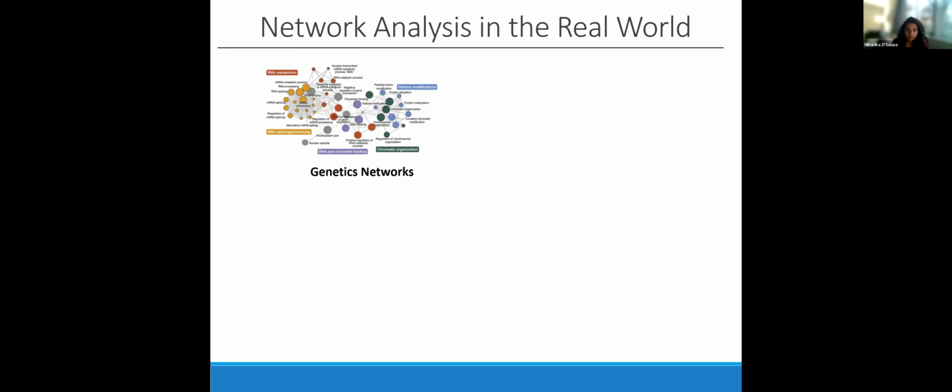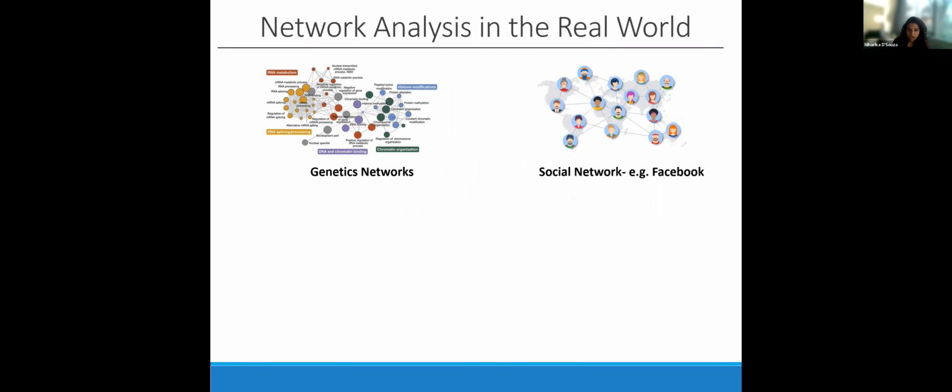So we live in a world that's naturally organized into intrinsic network structures. For example, at the biological scale of organization, we have the human genome. Here, various encoding proteins may interact with each other in complex ways, and these define characteristic human traits. On the other hand, the age of the internet has given rise to complex social networks such as the ones we see on Facebook.